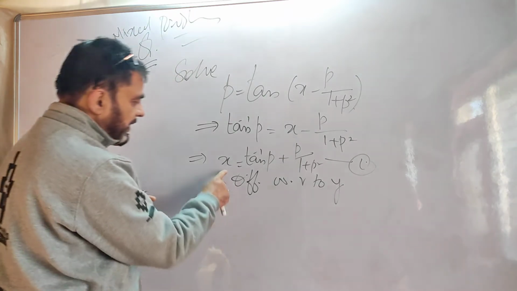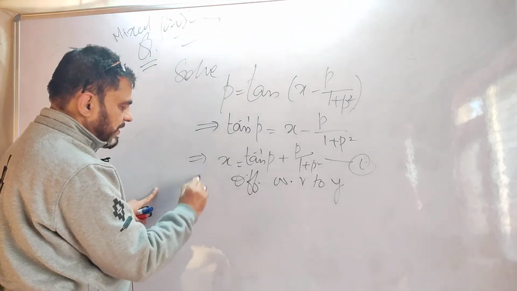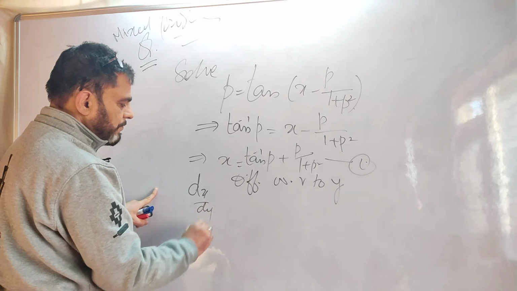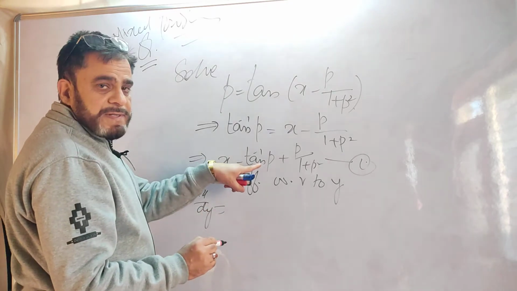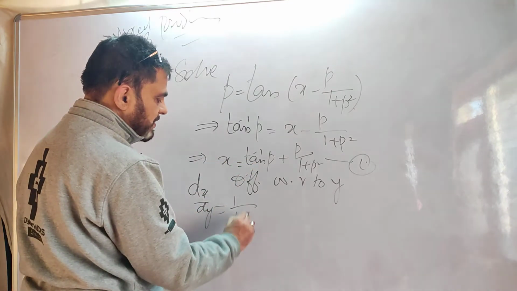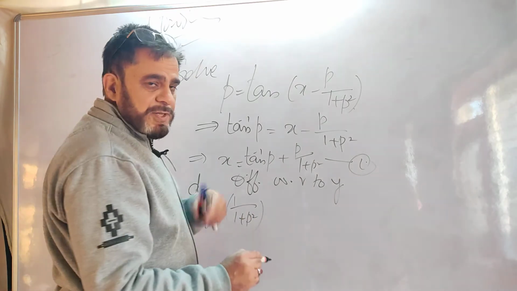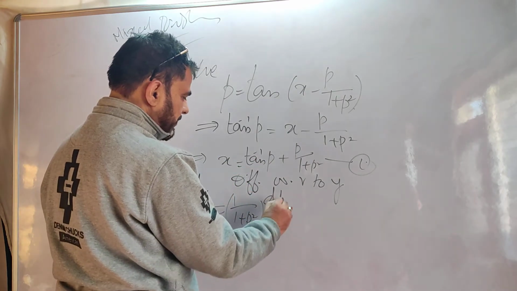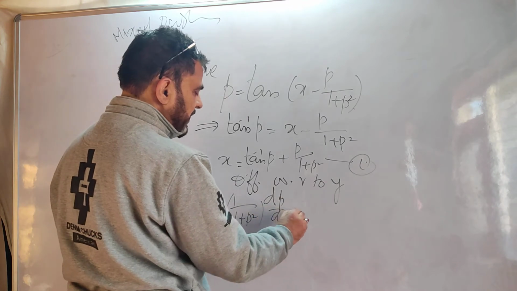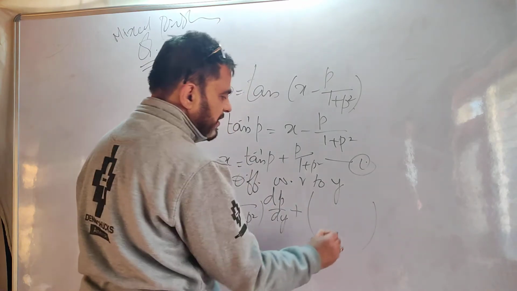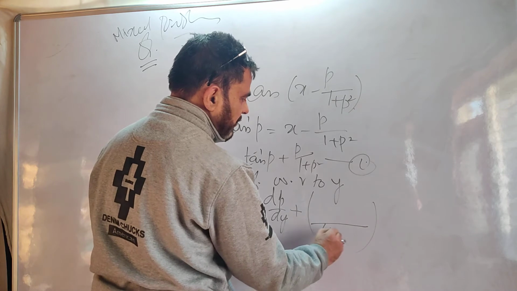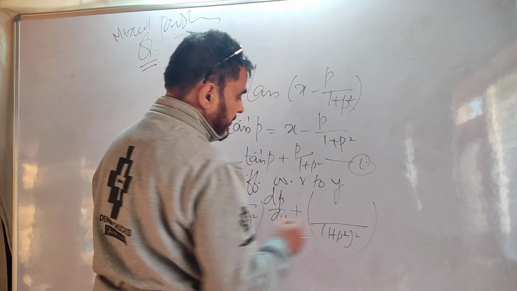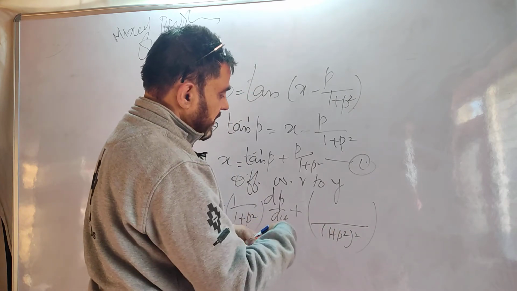The derivative of x with respect to y will be dx by dy. Tan inverse differential is 1 by 1 plus p square, but p is a function of x and y, so p will be here dp by dy. Then plus, here I can go by division rule, denominator square, 1 plus p square whole square.